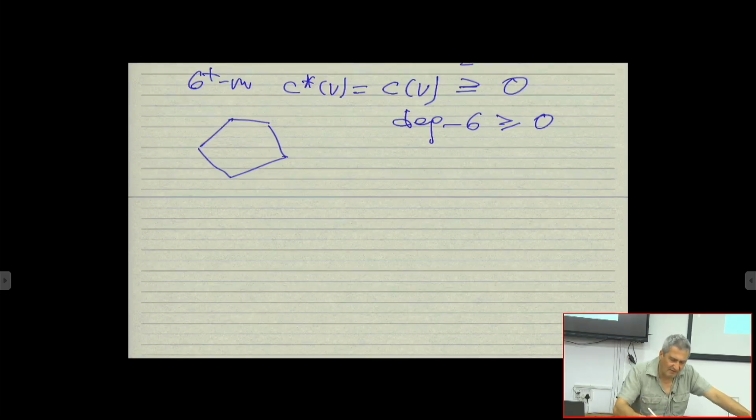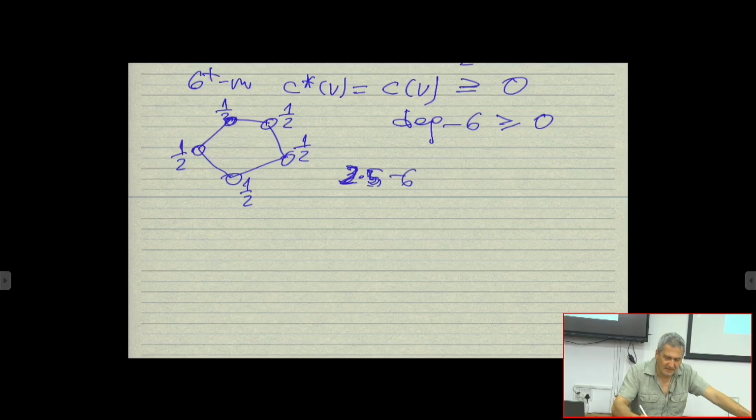So what if you have a 5-face? Look, if we have a 5-face, it can send 1/2 to each of them. Is this okay? I don't know if it is okay. So we have initial charge 2 multiplied by 5 minus 6.